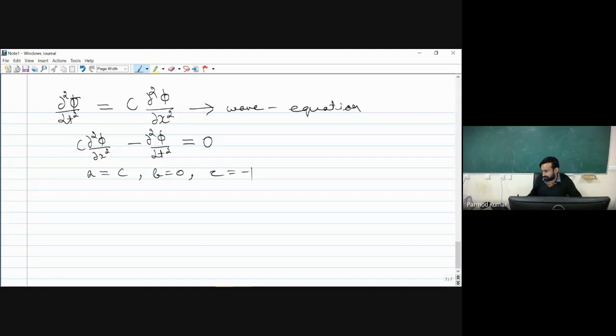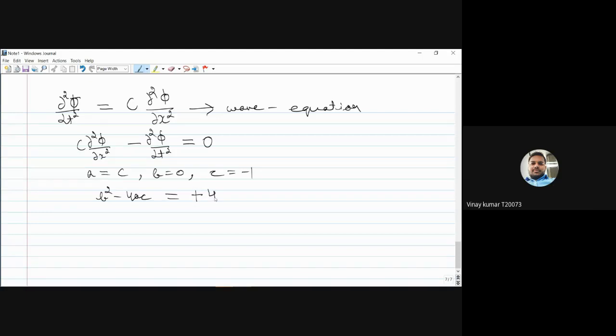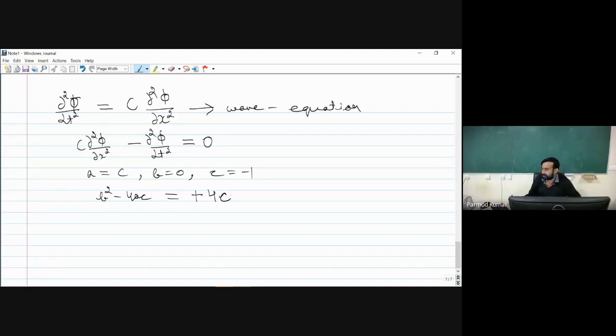So B square minus 4AC is how much? Plus 4c. So it means this equation is of hyperbolic nature.